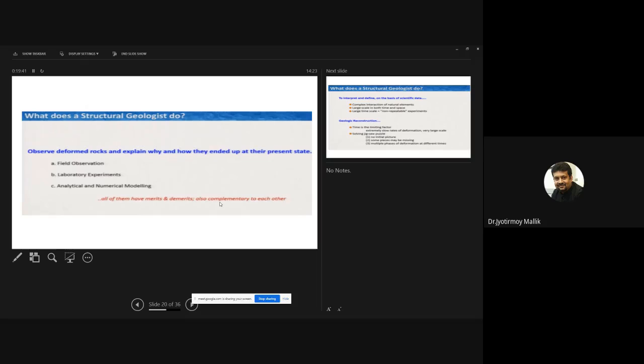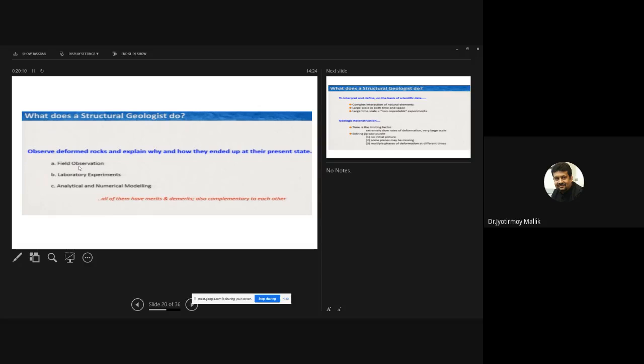And why is the reason, the forces. So observe the deformed rock and document it with respect to its geometry. That means we are looking at a geometrical definition. When we are trying to answer why, we are looking at the dynamic aspect, and when we are looking at how, we are talking about the kinematic aspect.